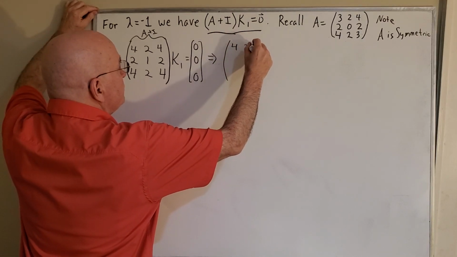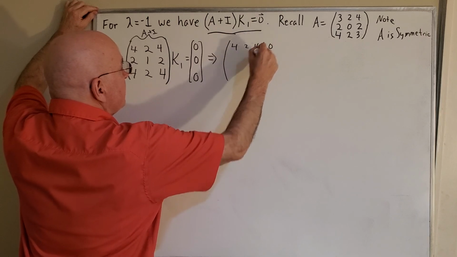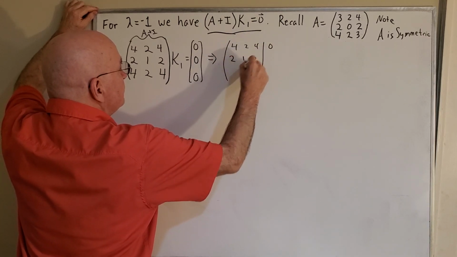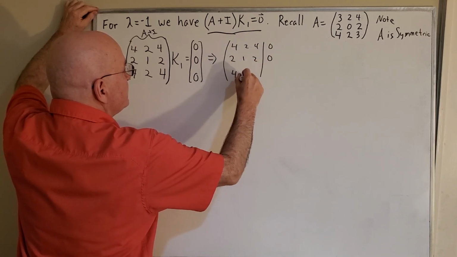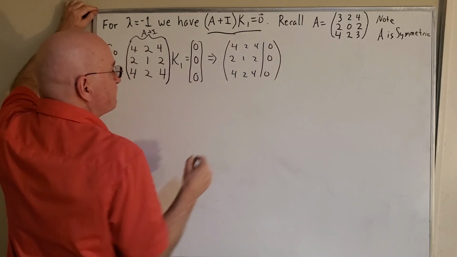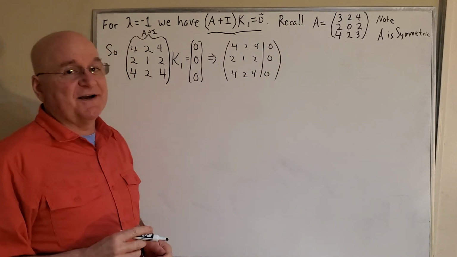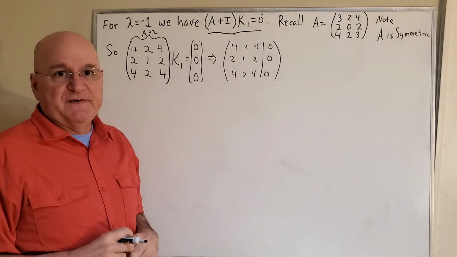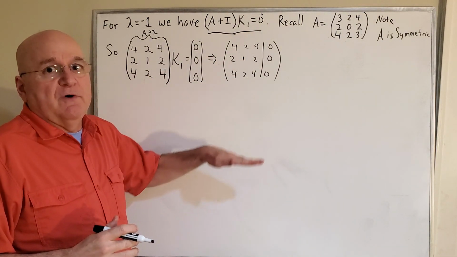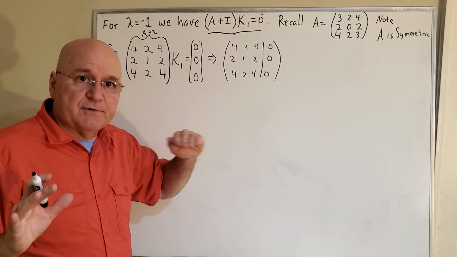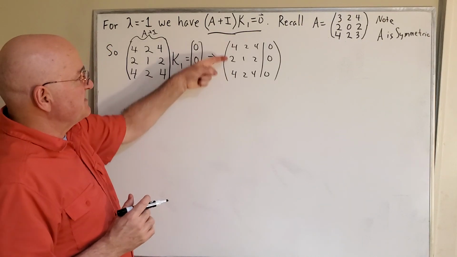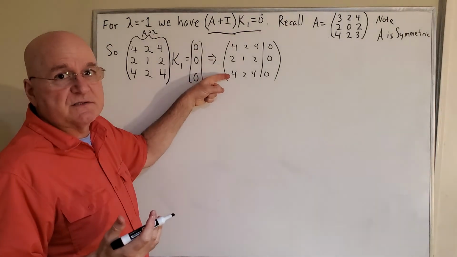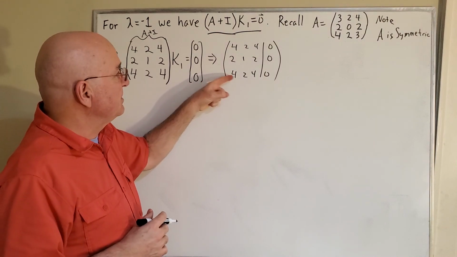4, 2, 4, 0, 2, 1, 2, 0, 4, 2, 4, 0. Well, this is not going to take much work, is it? Those rows are all multiples of each other. That means two of them can just disappear, turn them into zeros. For example, just this row, you do row 3 minus row 1. Gone.